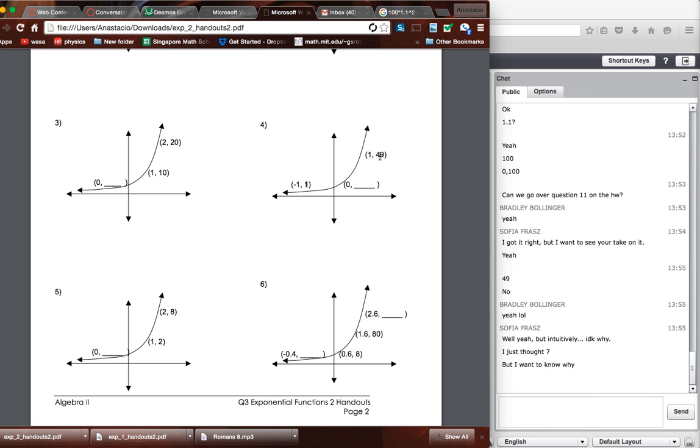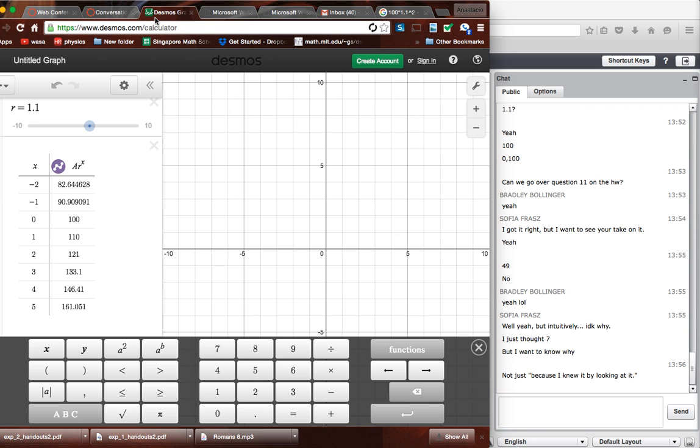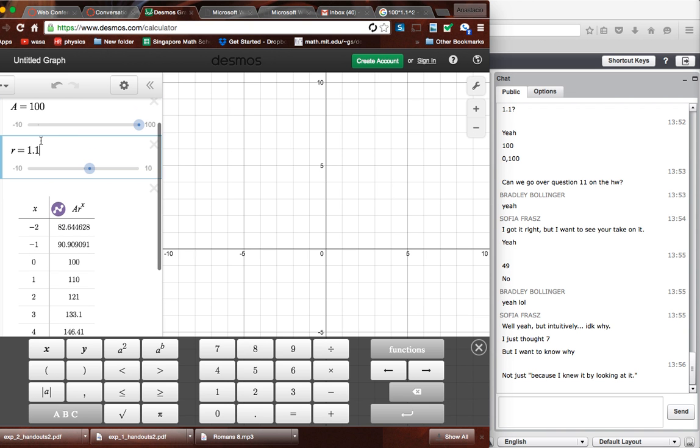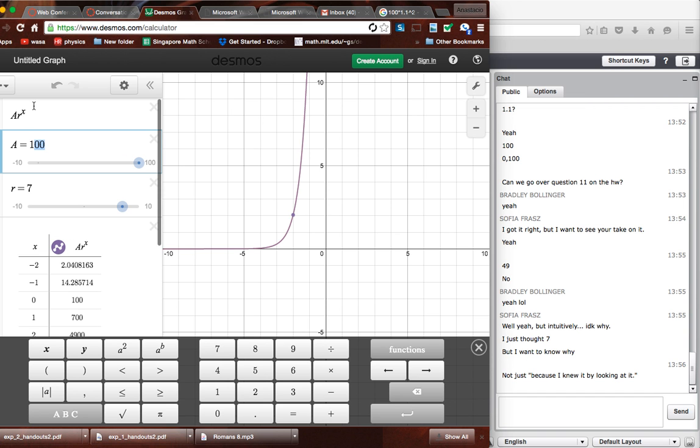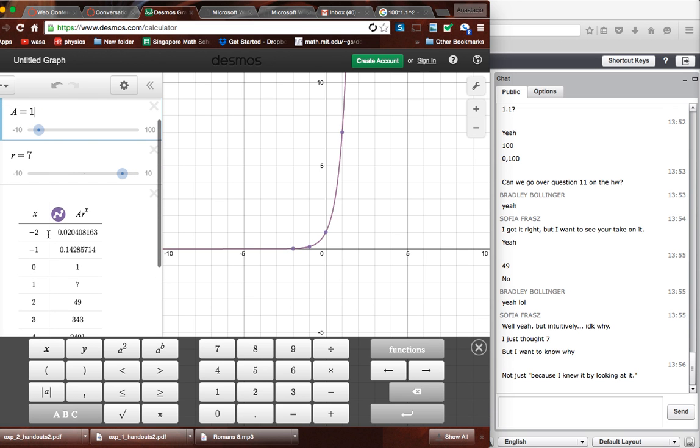Now, here's the other question. Let's set r equal to 7. A is no longer 100. This part's a little bit weird, I think.